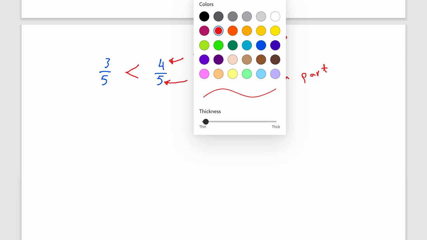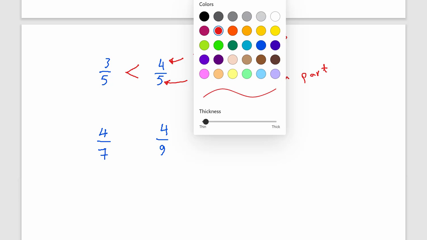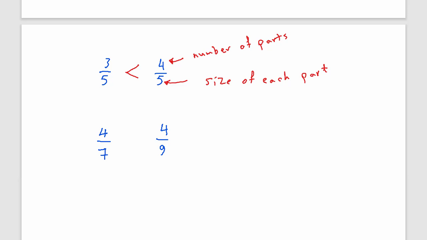The second case, if we have the same numerator, so we have the same number of parts. But here, my heroes, the size of parts are not the same. The denominators are not the same.